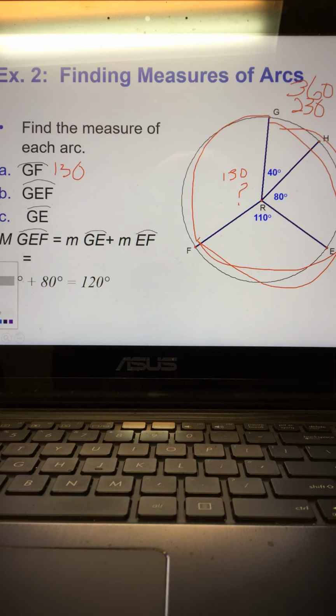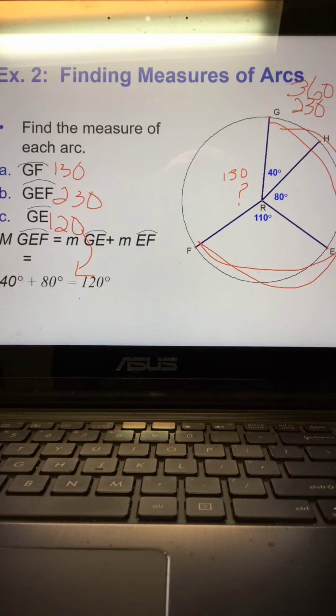That would be those angles that I have highlighted in blue, the measure I have given here in blue. And so that measure we said adds up to be 230. And then if I want to go G to E, it is 40 plus 80, which would be 120. This is that answer right there. G to E would be 120.